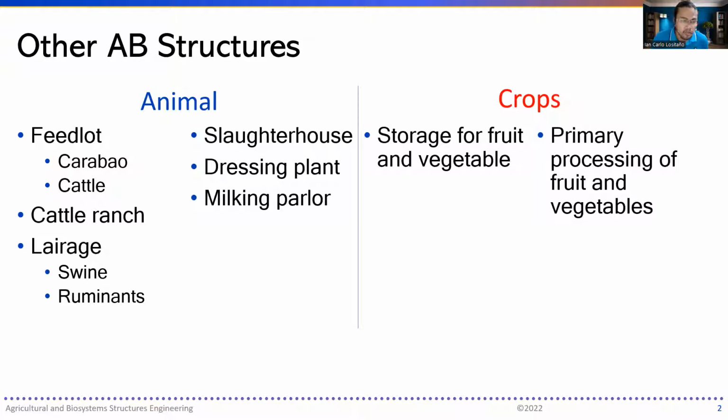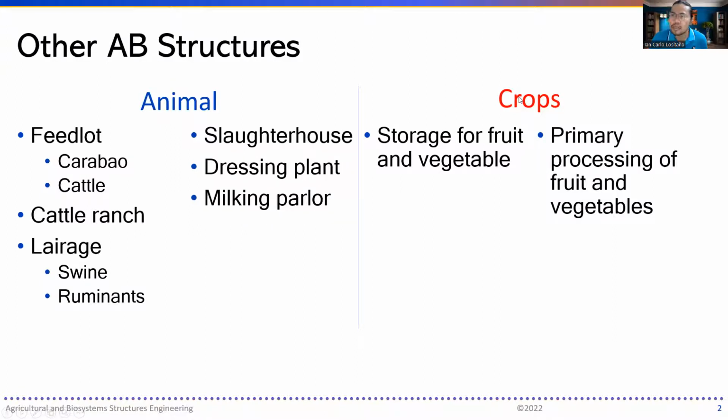So there are two, for swine and then the ruminants. And then for the processing, focus will be on the slaughterhouse for animals, for livestock in particular, and then your dressing plant for your fowls. And then next is the milking parlor for milk production.